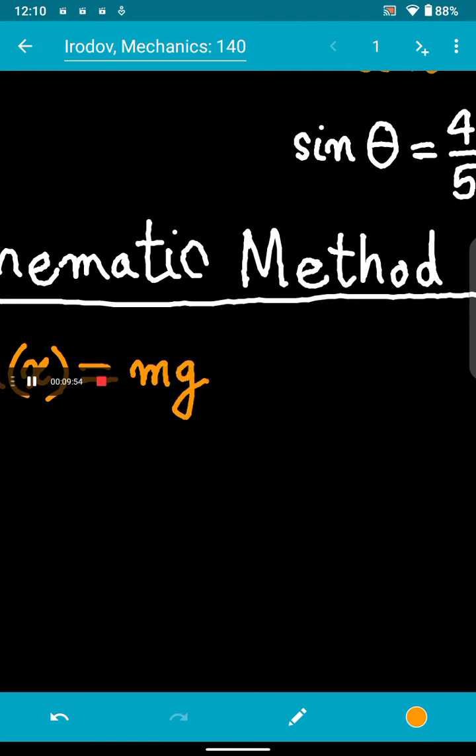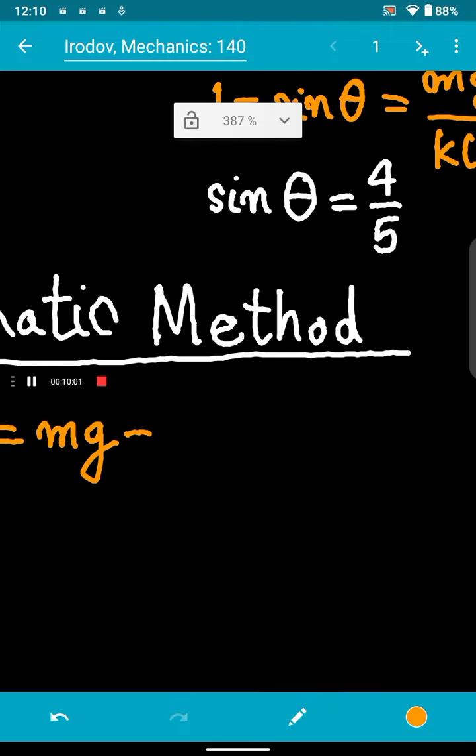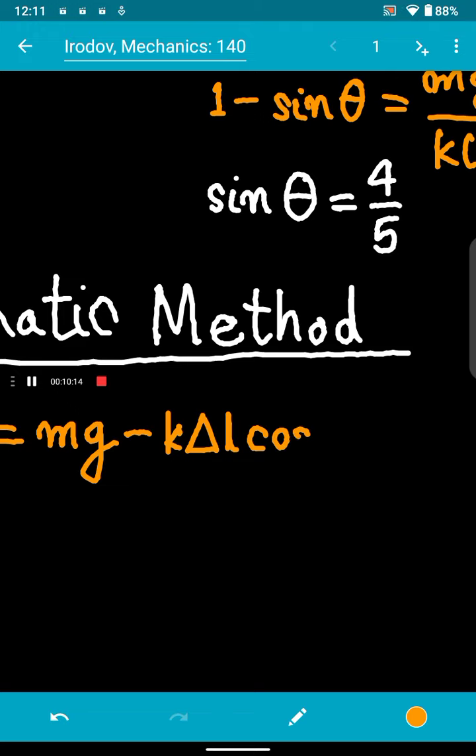So we are writing for the system which I just marked in the picture. So this is mg minus we have to consider the horizontal component of the spring force, which is K delta L cosine of theta.